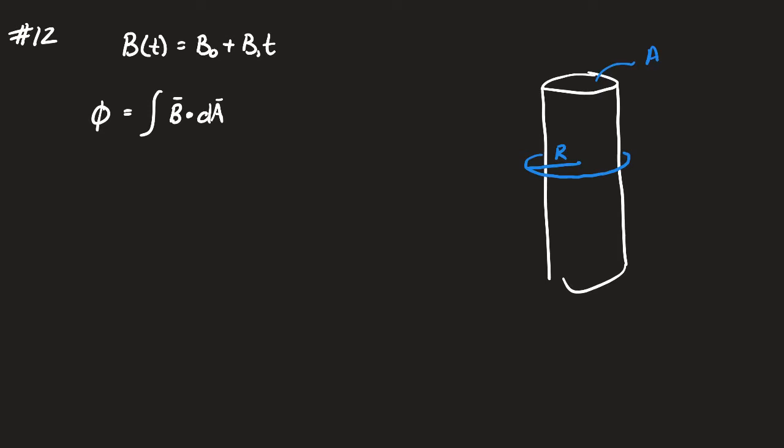Now, I get that B is a function of time, but for calculating flux, I don't need anything there but B. It doesn't change over the area, it changes over time. So I could even write this as the flux of B as a function of t dot dA, but all I am concerned with is figuring out, is the magnetic field the same everywhere within my area? And then I need to make careful consideration of my area.